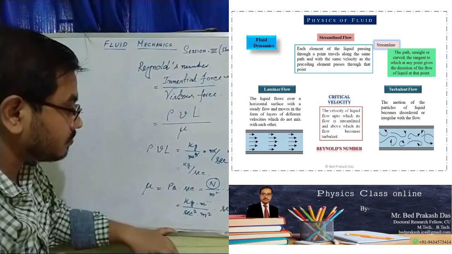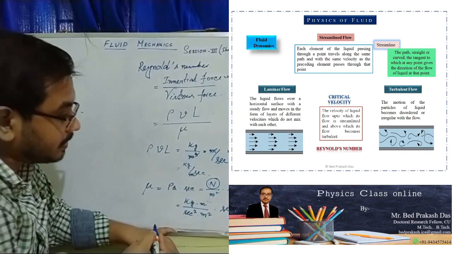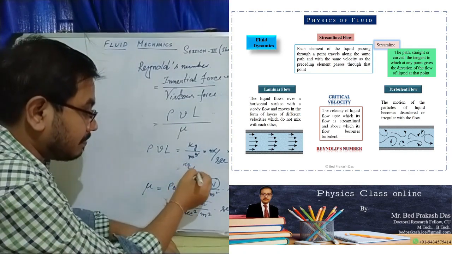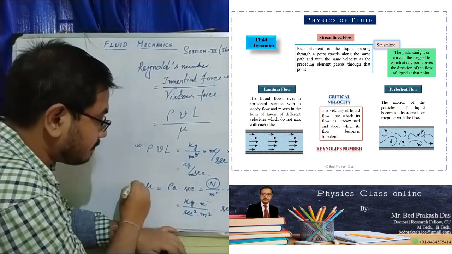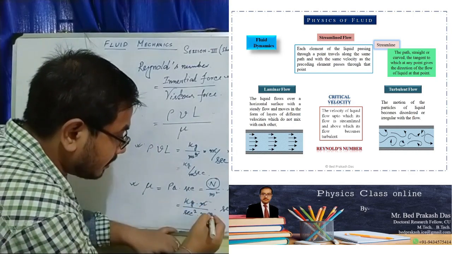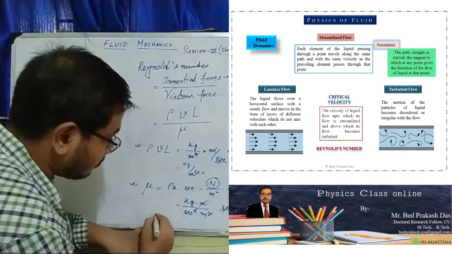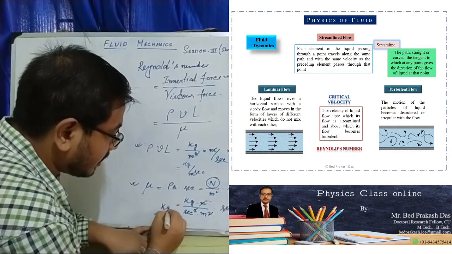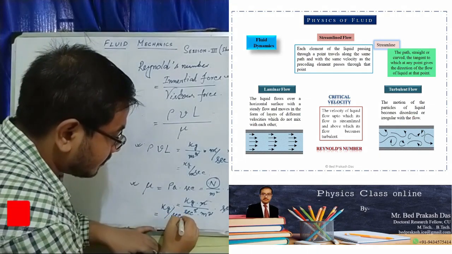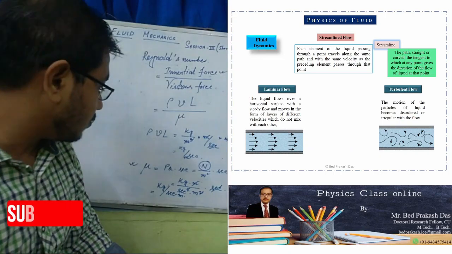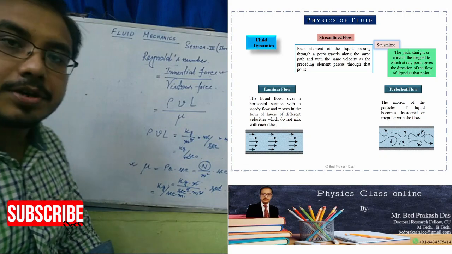Again, I have missed a term over here, that is meter. Kilogram meter per second square will be in the numerator, and for this part the meter gets cancelled out and one second term gets cancelled out, so it becomes kilogram per second meter. So this is all about the Reynolds number unit derivation.